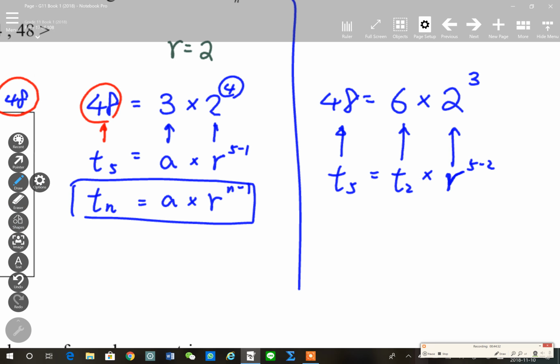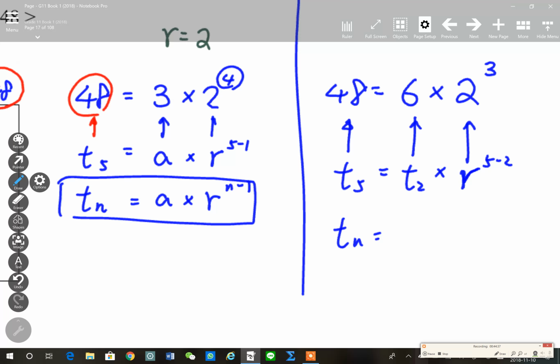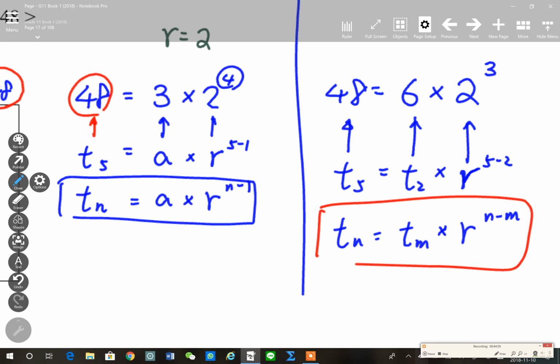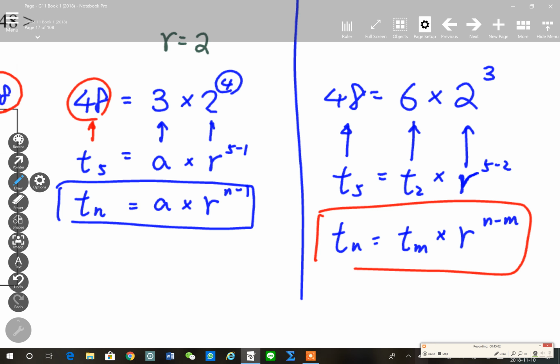So let's write it down in general, the formula. So if it's Tn, this is the last term, and I begin with any term I want. We call that Tm, your starting term. Tn, n minus m. It's still the same form. So if I want to make this formula become this, what do I need to do?